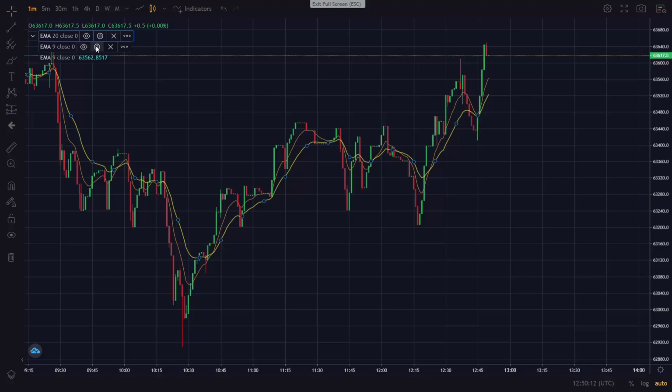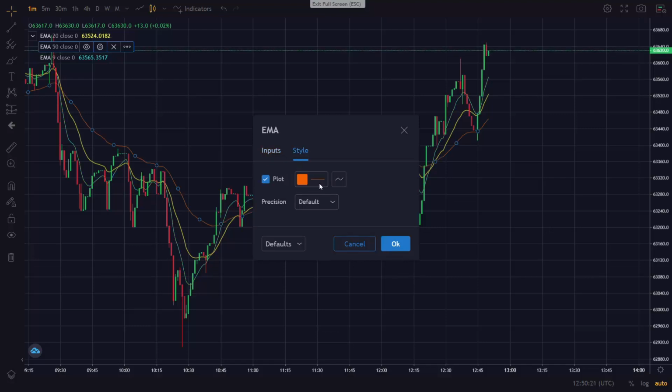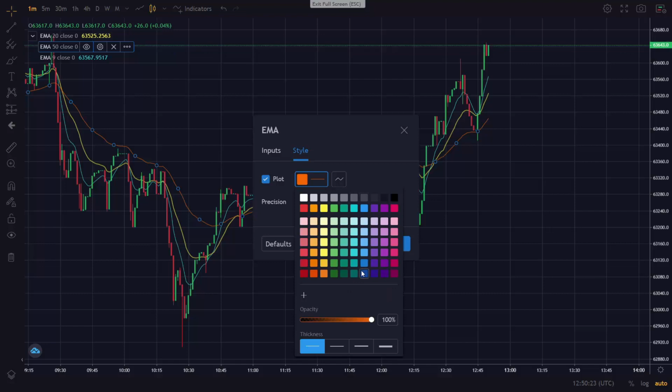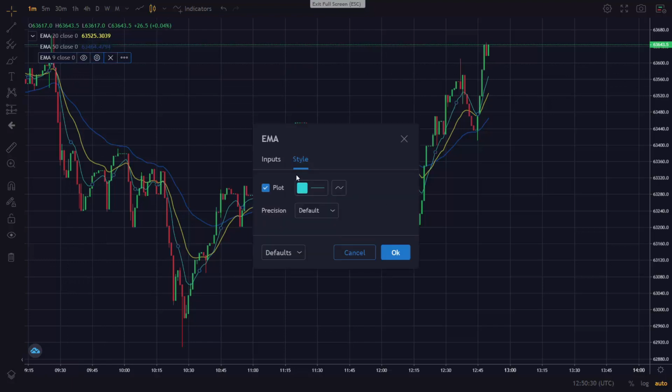Next we set our 50 period exponential moving average. We'll make this blue in color. And lastly, we set up our 100 period exponential moving average, and it will be white.